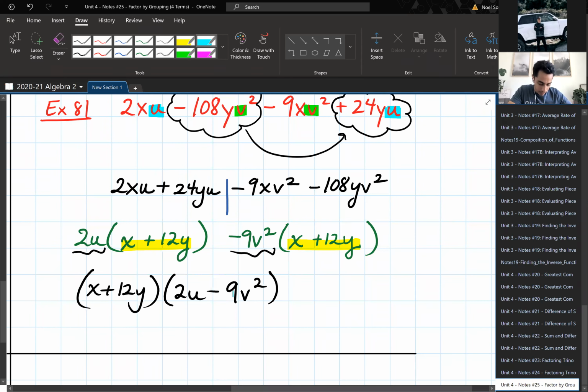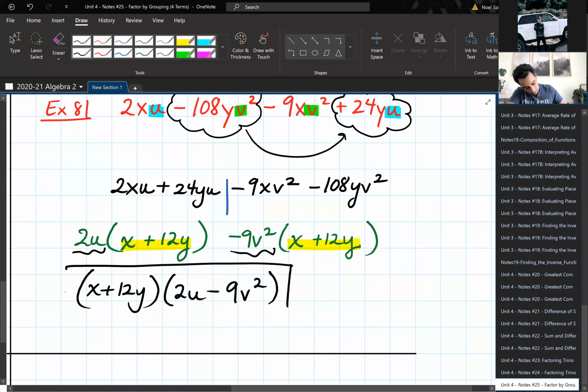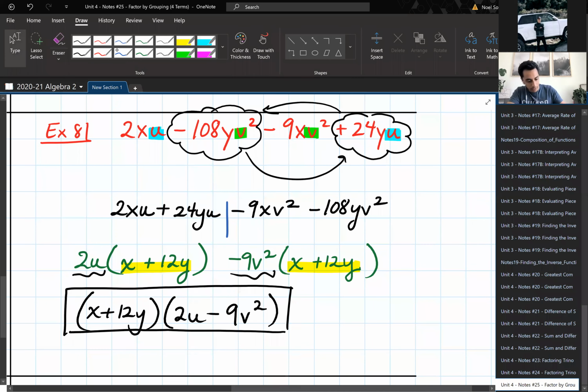The negative 9v squared is a perfect square, but the 2u is not a perfect square. So there's nothing else we can really do to factor. So here it is. This one was another kind of special case. We had to rewrite or rearrange.